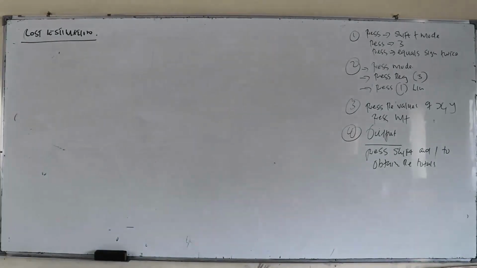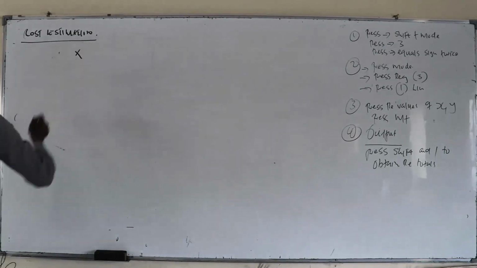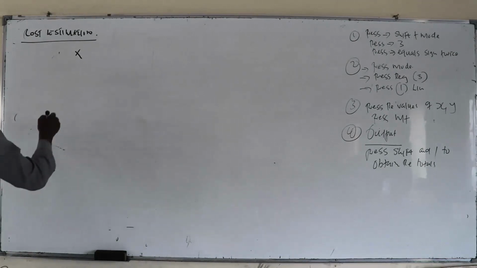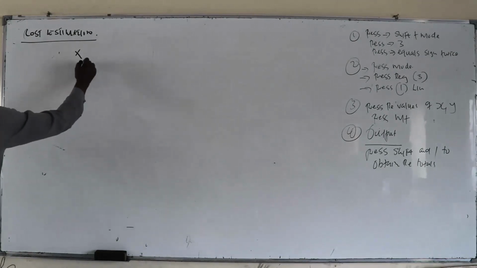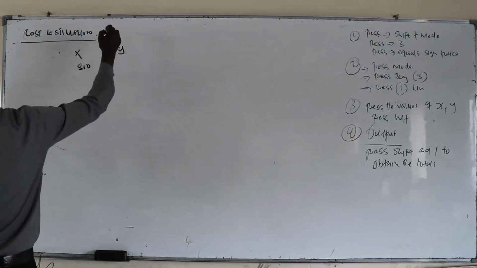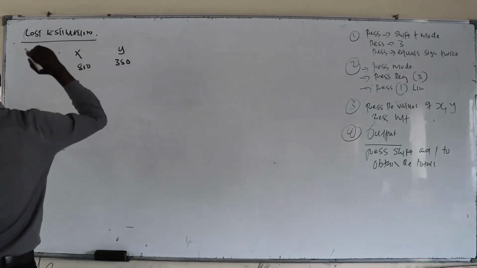Supposing you are given the values of x and y. For x we have 800, and y we have 350.